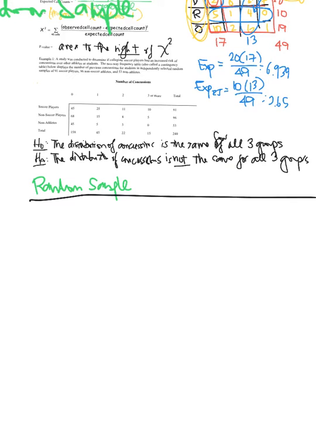To find the expected counts, the first thing you're going to do is press second, and then the button that has x to the -1 above it, which says matrix. Once you do second matrix, you should see names, math, and edit at the very top. Go ahead and move to edit. Go 2 to the right, and then it should give you matrix A with some dimensions, a number by a number.